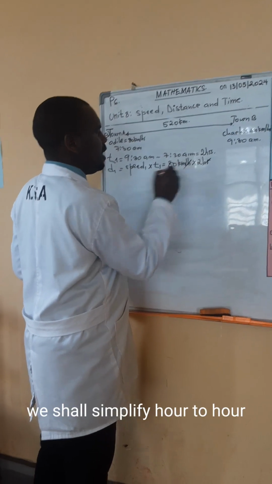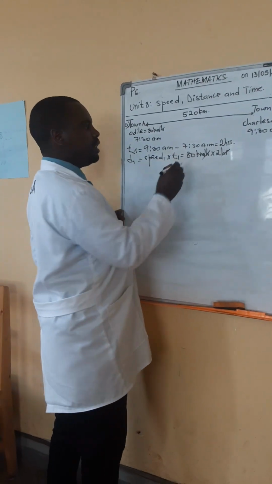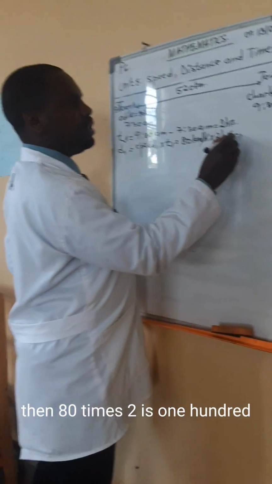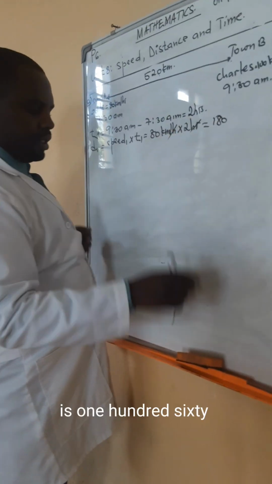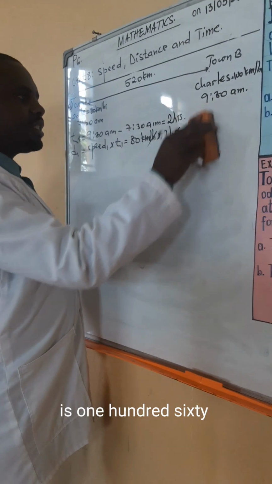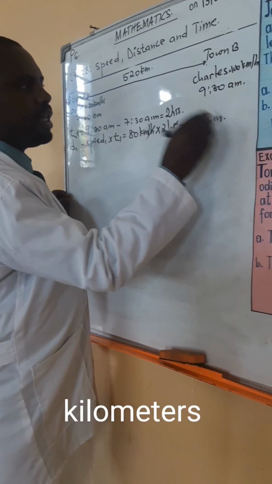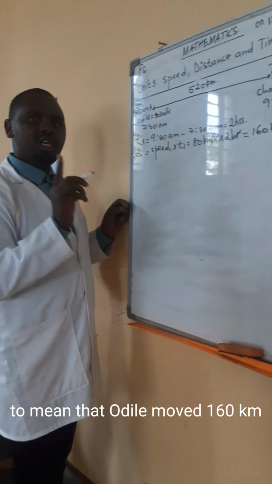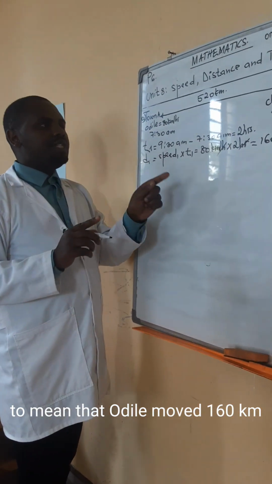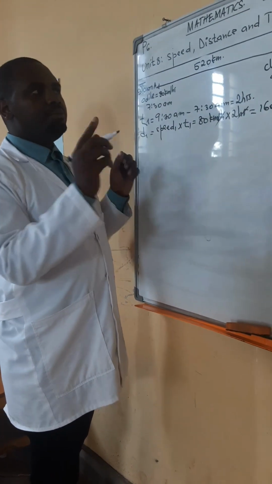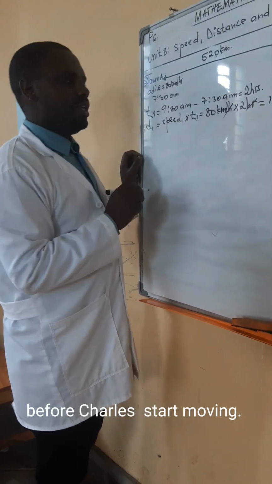We shall simplify hour to hour. Then 80 times 2 is 160 kilometers. It means that Odile moved 160 kilometers before Charles started moving.